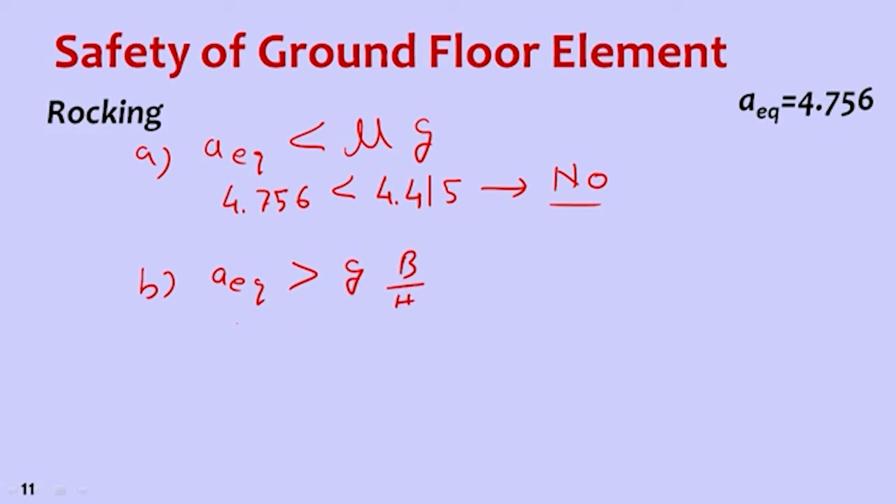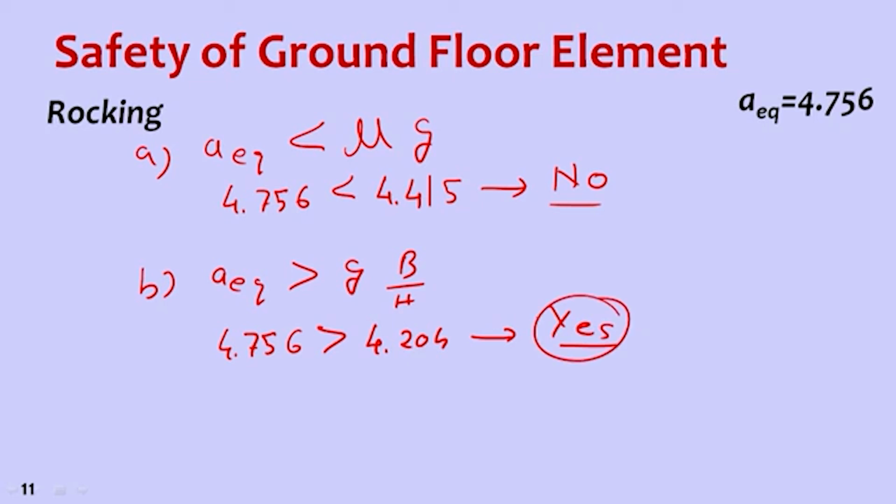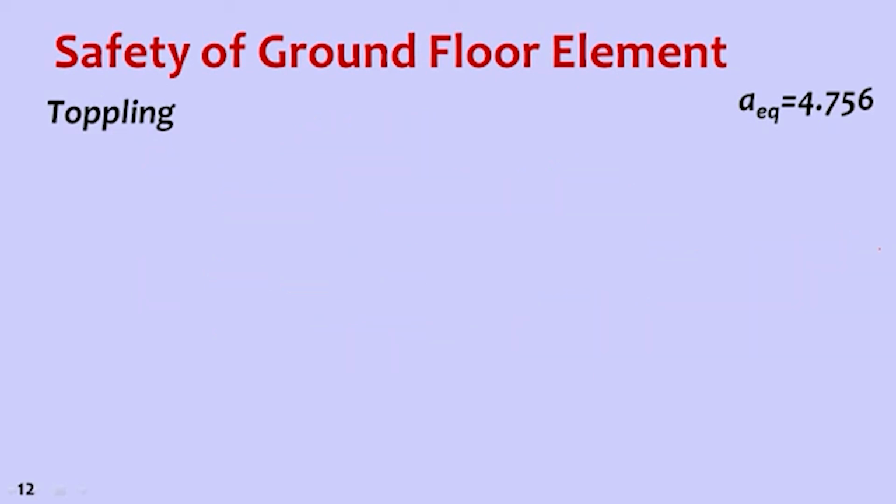The value 4.756 is greater than 4.204. So this is yes. As I said, one of the conditions is getting satisfied. Ultimately, this element at the fourth level is unsafe for rocking.